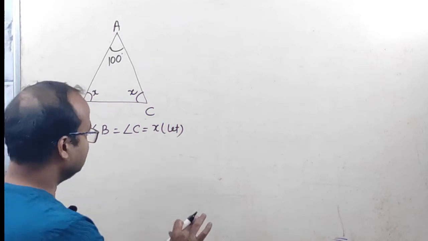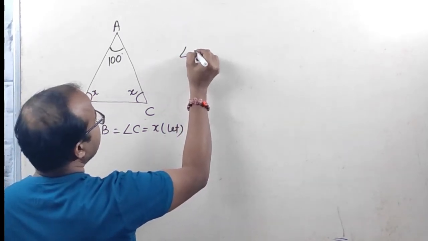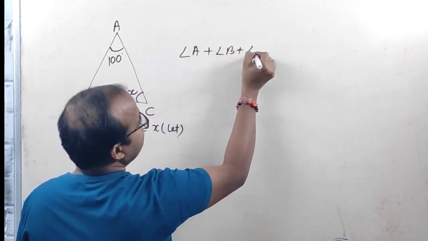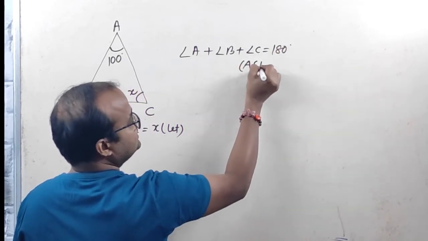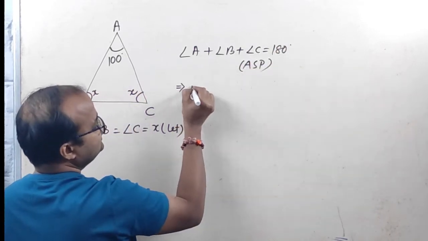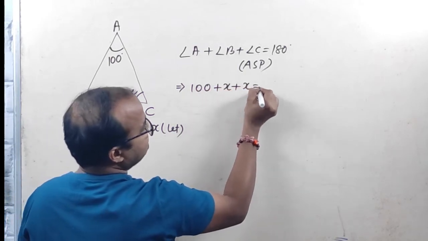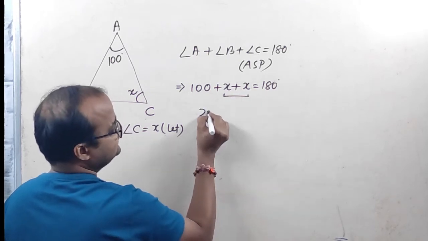Clear? Now we apply the angle sum property of a triangle. So we can say that angle A plus angle B plus angle C equals 180 degrees. Angle sum property. That means 100 plus X plus X, 2X, equals 180 degrees.